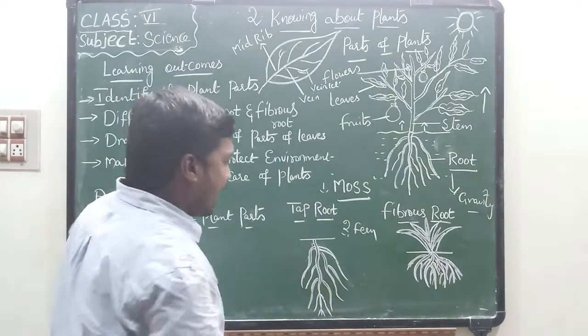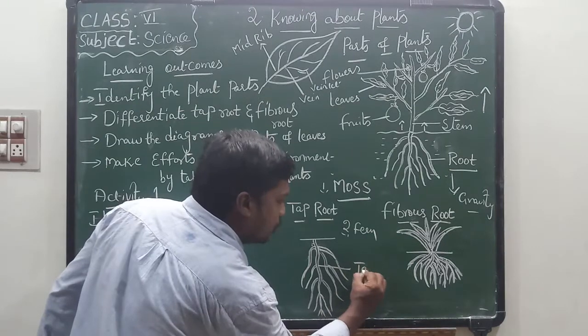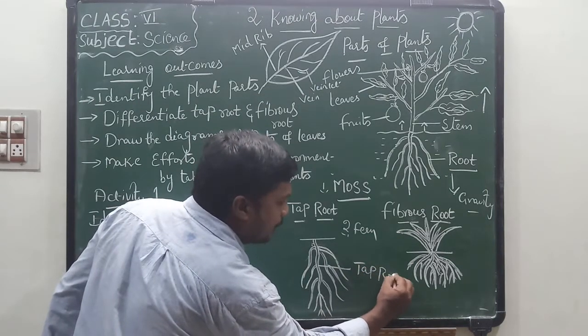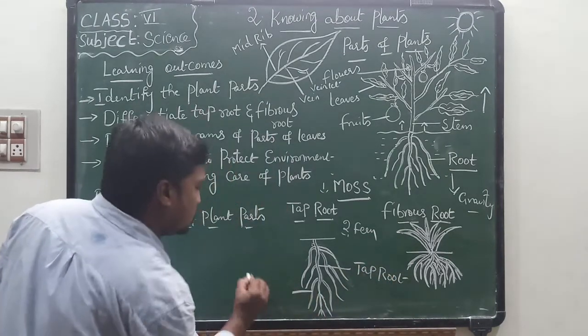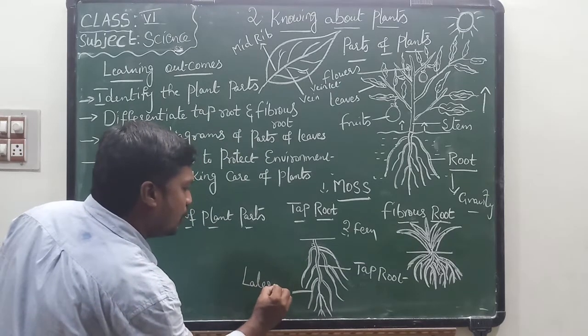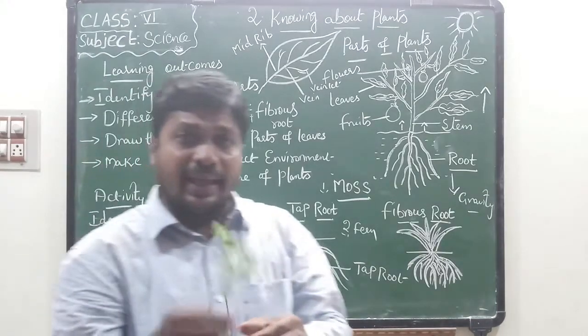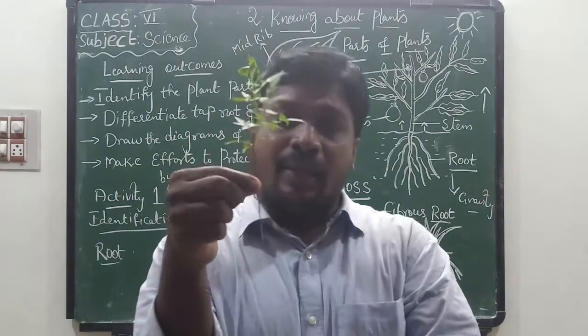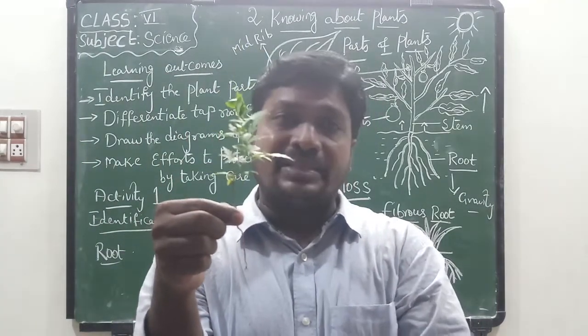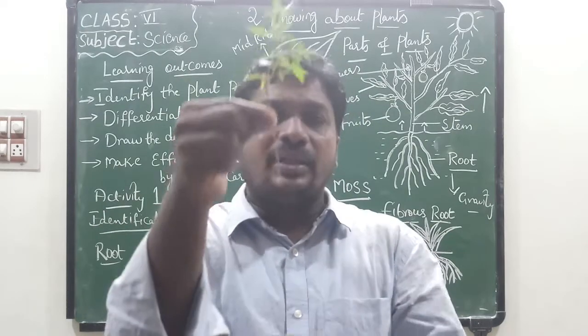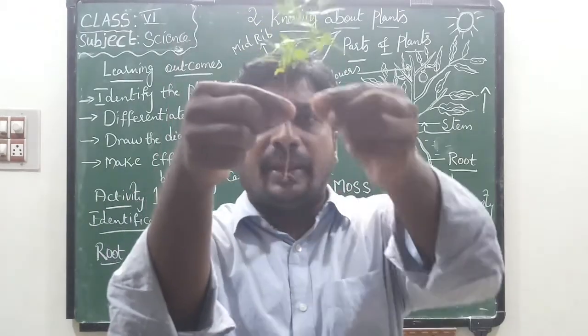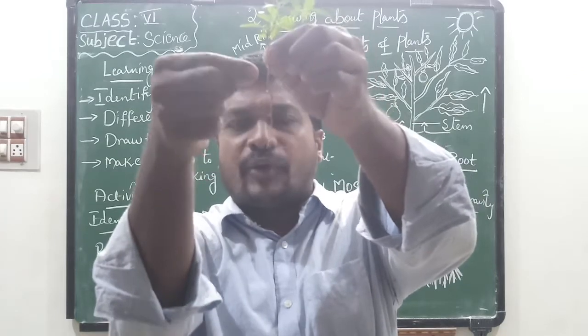If you observe tap roots, we can find a major root that is called tap root and side roots called lateral roots. Examples are neem tree, mango, apple, sapota, etc. They have tap roots, meaning a major root we can find here.